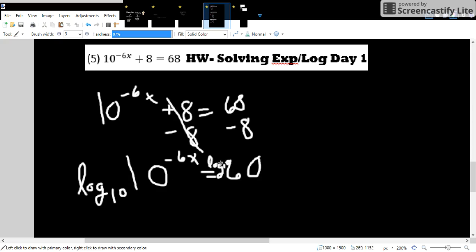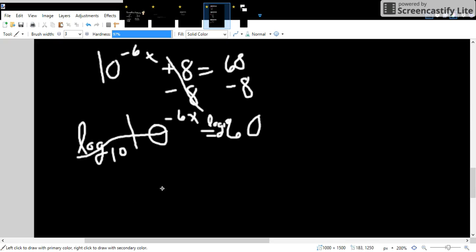They want you to approximate this one, so it will be a decimal answer. The log 10 and the 10 cancel, and so you have negative 6x equals log 10 of 60.